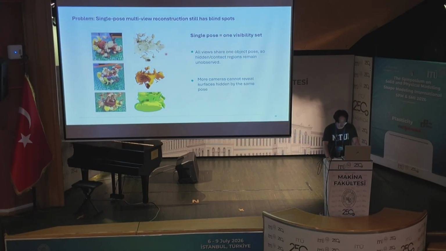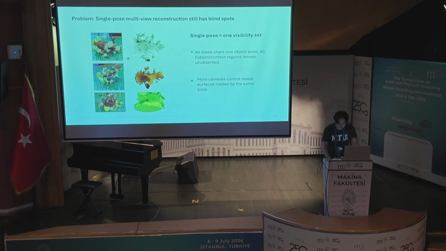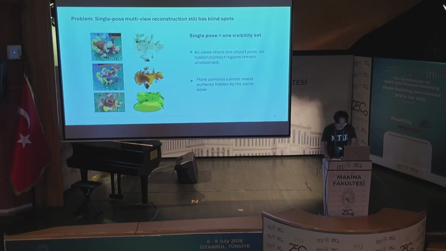The supervision comes from visible surfaces only. If a region is hidden in all input views, the rendering loss cannot reliably recover it. This is a limitation of single-pose multi-view reconstruction. If we take many images from different camera views, the object remains in the same physical pose.